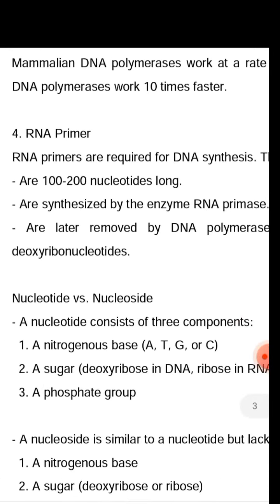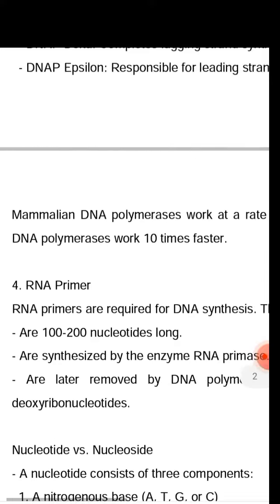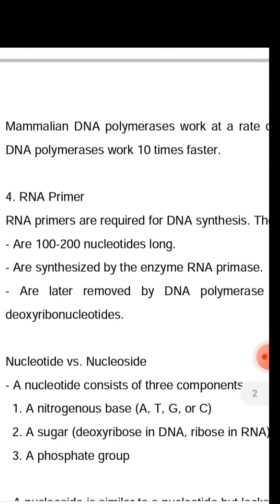So this primer serves as, like I talked about the ORI, the origin of replication. So the foundation, let's just call it the foundation. The site is the origin of replication, but the foundation where other things are built on is the RNA primer.